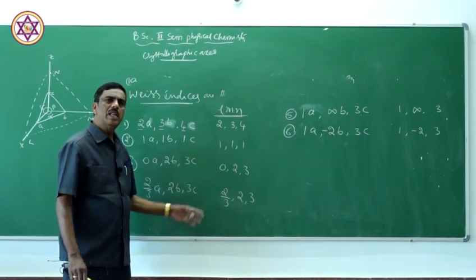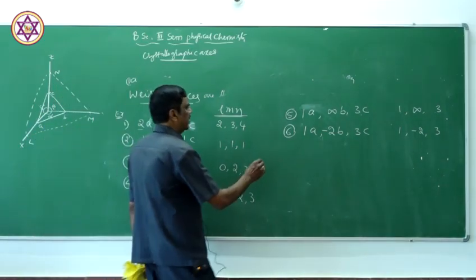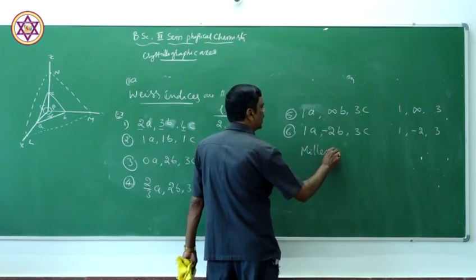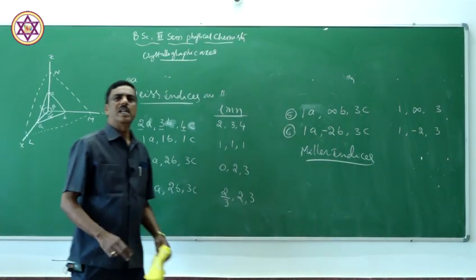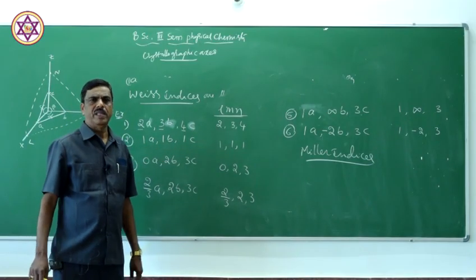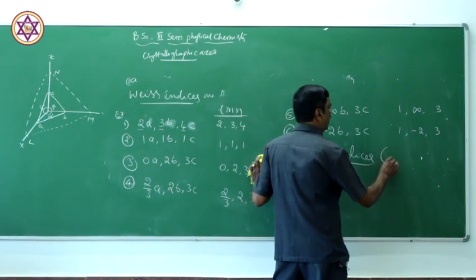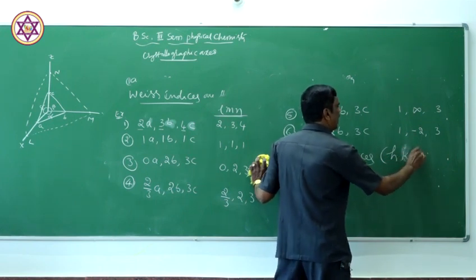To avoid all this, a new type of representation, Miller indices, came into existence. Miller indices represent any plane in a crystal as whole numbers, and are represented by the symbol HKL.